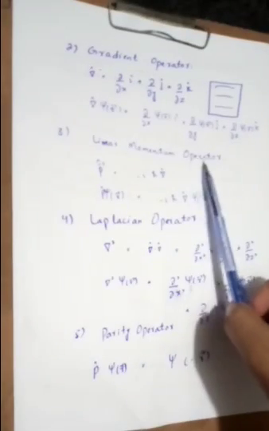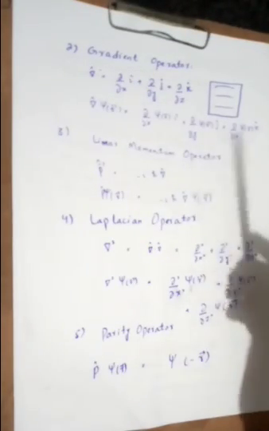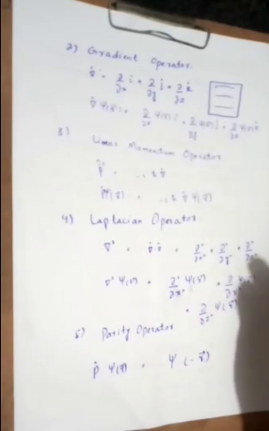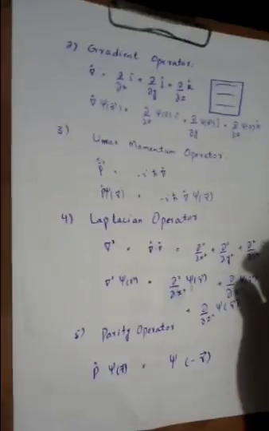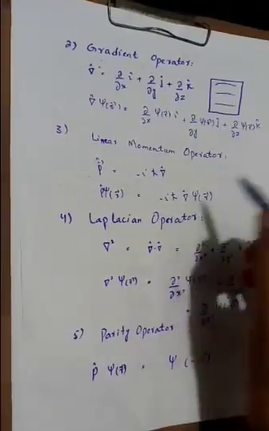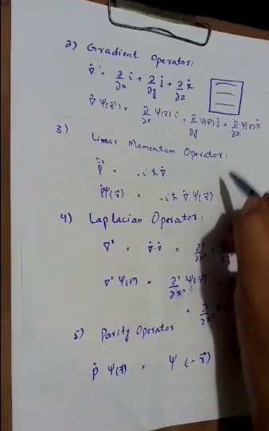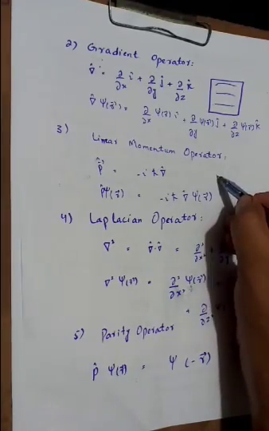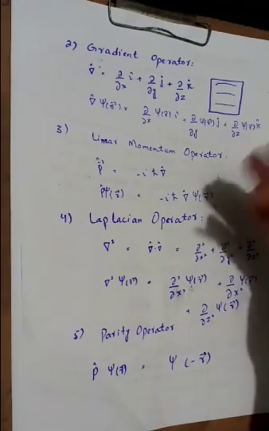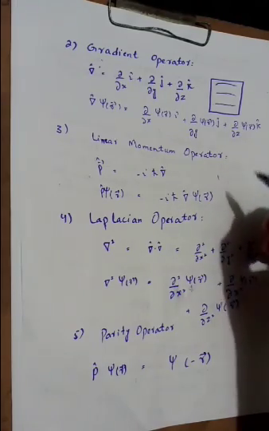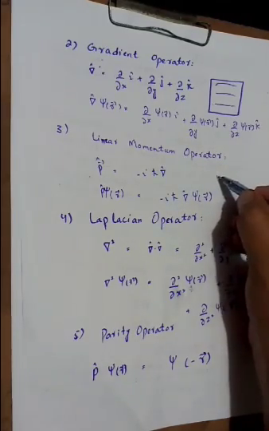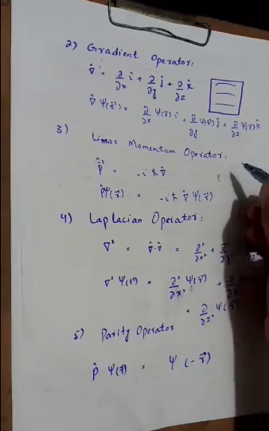Number 3, linear momentum operator. We know that linear momentum is just a combined effect of mass and velocity, but as we discussed earlier, in quantum mechanics we mostly deal with operators.